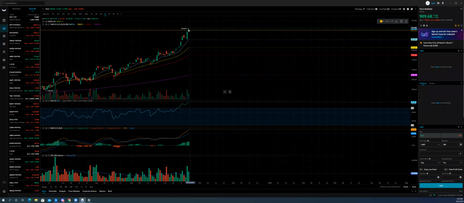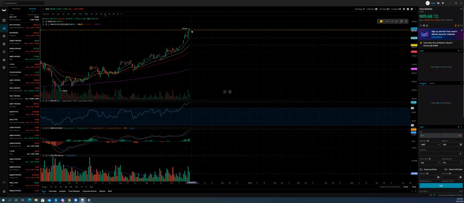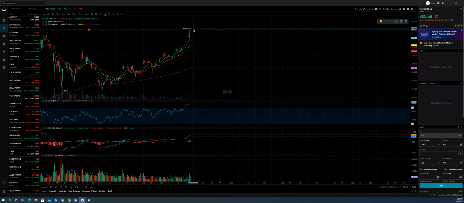And then you have this green bar here, close with a green bar. So nothing really bearish about Tesla right now. MACD still crossed over, and on average volume, you can see volume is still there.